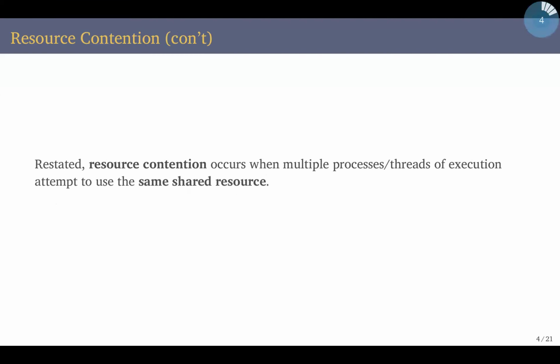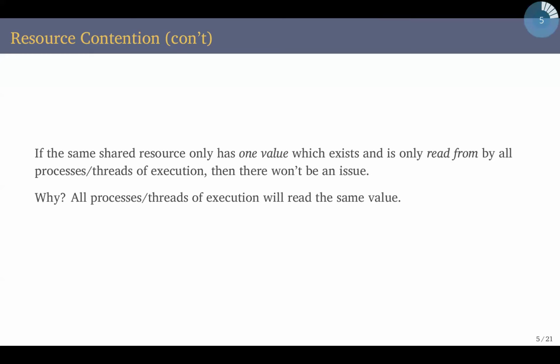Now, if we restate this, we want to think in terms of our programs instead of a general definition. This occurs when multiple processes or threads of execution attempt to use the same shared resource. Like I said, if you have one value which exists before you need it, and it just sits there, and everyone only reads it and no updates are happening to that value, happiness.